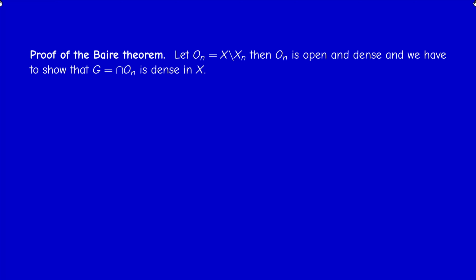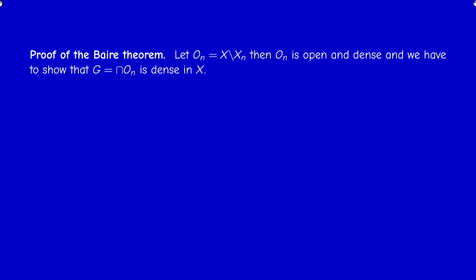So when I take complements, the complement of each Xn is open because Xn is closed, and it's dense because the closure of the complement is the complement of the interior. Okay, so when I take the closure of the complement On, I get X without the interior of Xn, which is just X without the empty set, which is X. Okay, so I have to show that the intersection of all these sets, G, is dense.